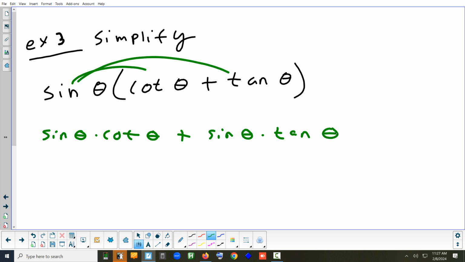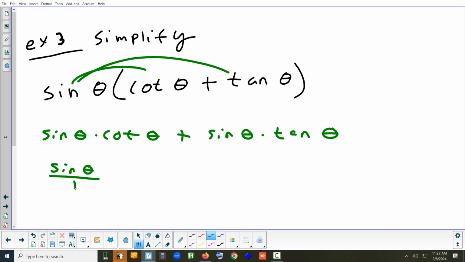So let's change everything here to sines and cosines. How would I change the first one into sine or cosine? I wouldn't do anything. It already is sine. What I am going to do is just put it over 1, because we're going to be turning everything into fractions.